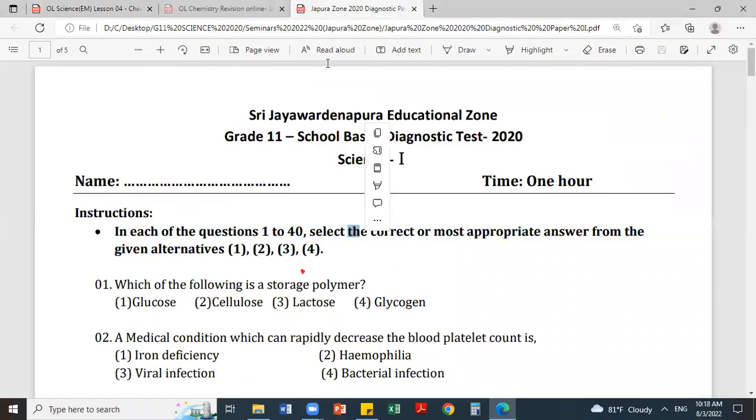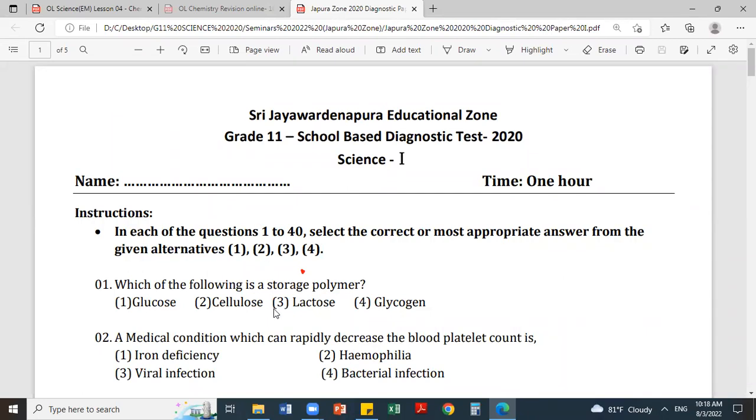If you have not got it, please request it from your school teacher, the school principal, the science sectional head or the class teacher. If not, you can send a request to the WhatsApp number of the previous paper. Now this is actually covering up to grade 11 second term most probably.